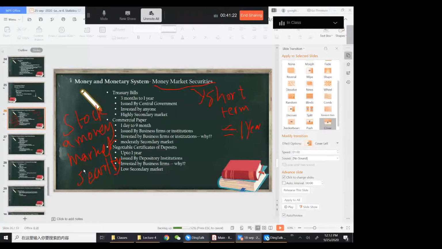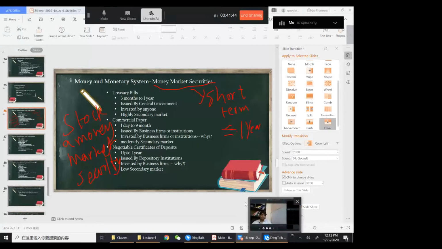Why? Because of the time. The time is more than a year and it's tradable. So what are the securities with less time, meaning less than a year? Those securities mostly include T-bills, or Treasury bills.